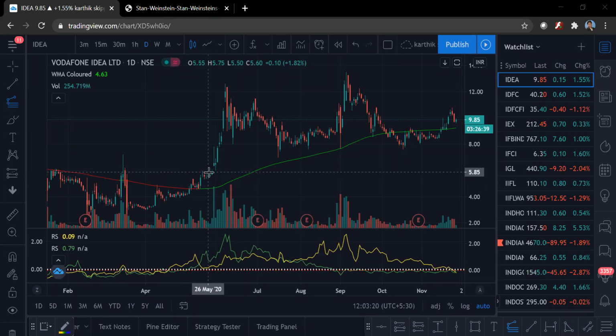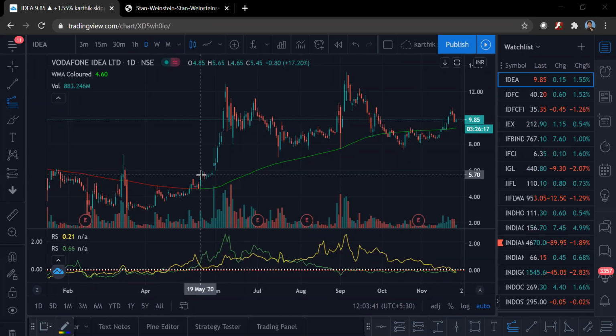So what I do is, from the entry point. It's not where you enter, but where the entry should have happened. After the first day close, the second day candle opened here. So no matter at what time you enter, the marking should be done with the next day's opening candle.